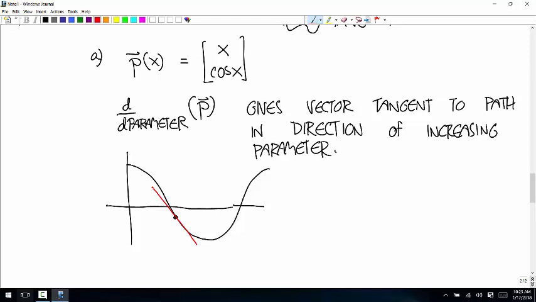In the example that I gave, the parameter is x, and so the vector is going to be in the direction of increasing x that way. There'll be problems where it says the thing's moving in the direction of decreasing x. It's still on this path going the other way. Then you're going to have to multiply your unit vector by -1.